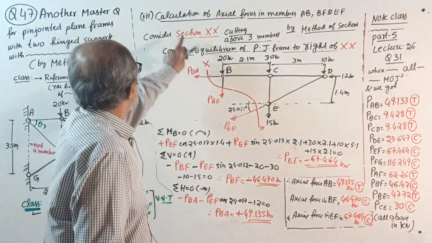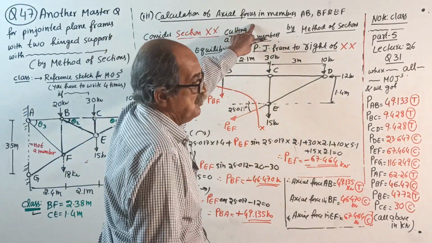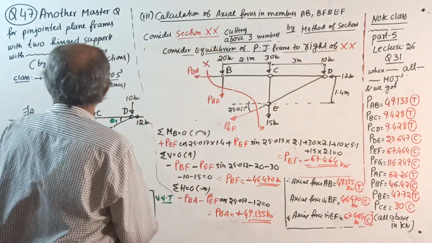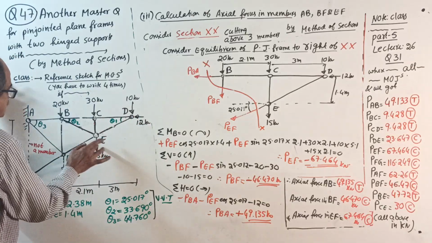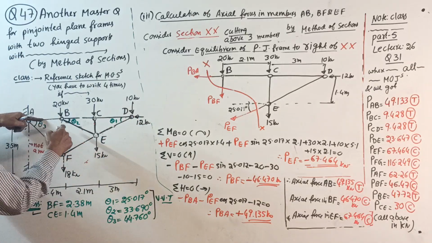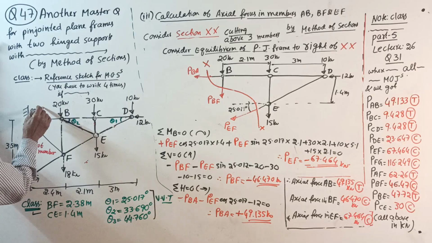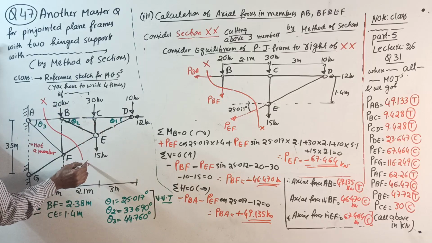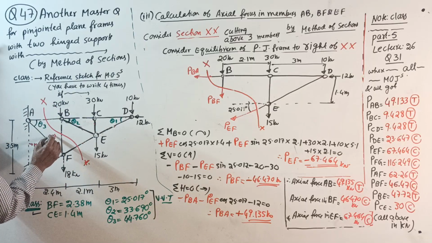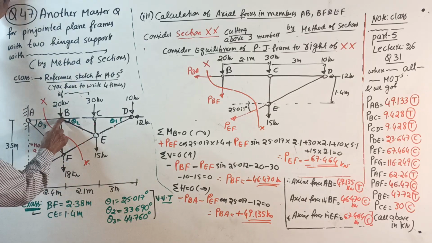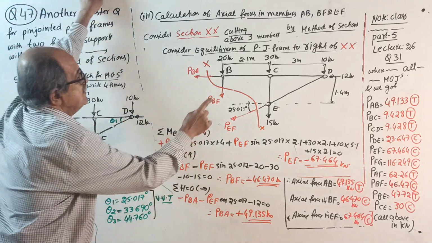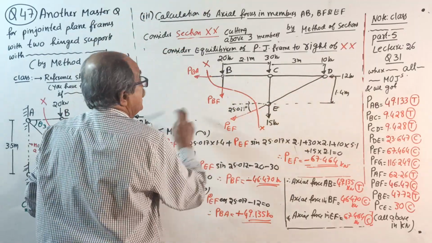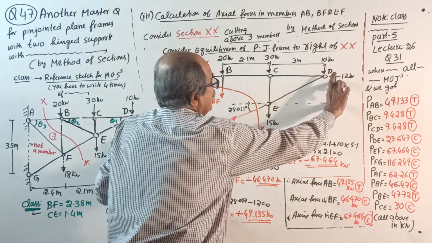See. Three. Calculation of axial forces in AB, BF and EF. Once again, put the sketch. See, AB, BF and EF. Cut here, and look this side. So BCDE intact. This is 2.13, this height is 1.4.